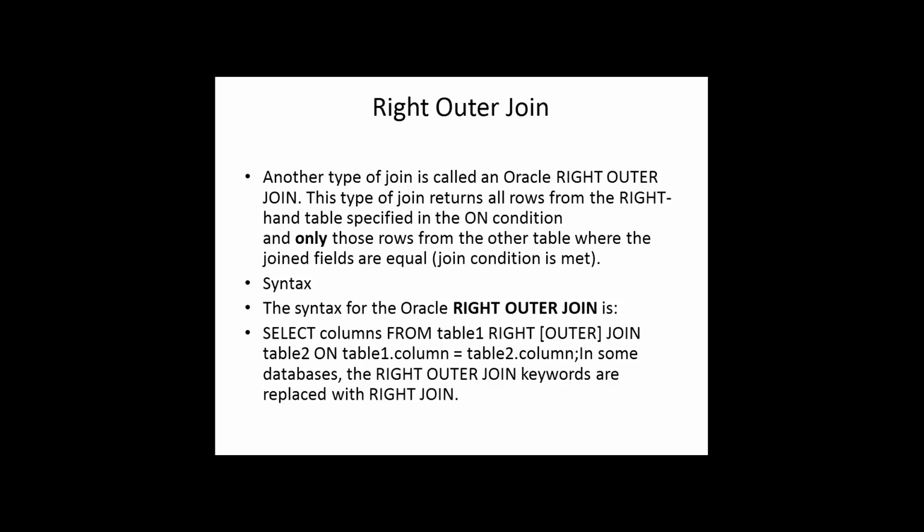But in certain scenarios, you want to retrieve one side of the table entirely, say employee. Even if there is no matching record in the department table, I want to get all the employee details, because we might have a situation where an employee joined new, but we haven't assigned a department to him.